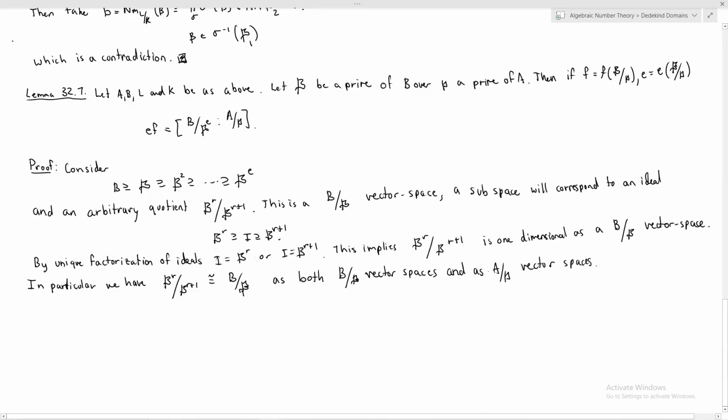That's basically just because A is contained in B, and P acts trivially on these things. Each quotient in this chain has dimension F as an A mod P vector space.